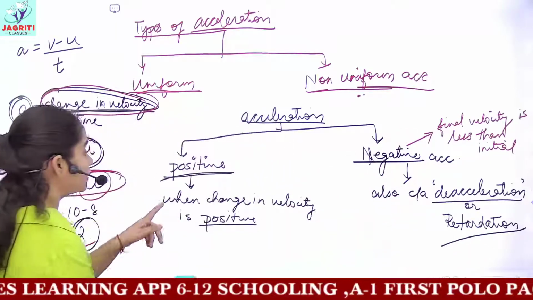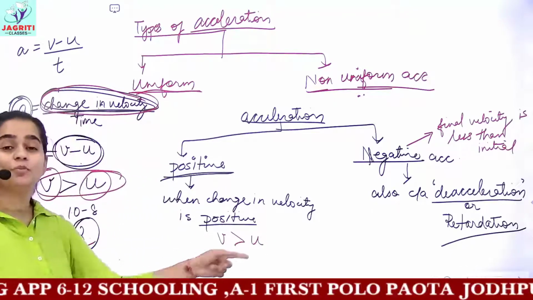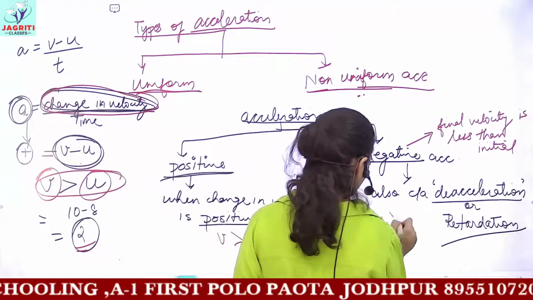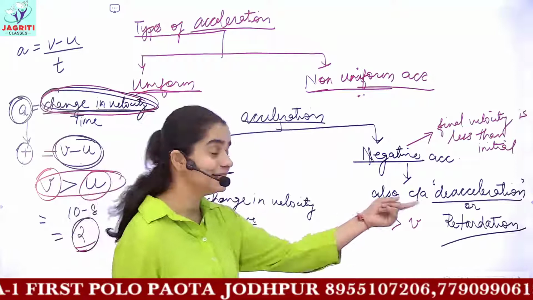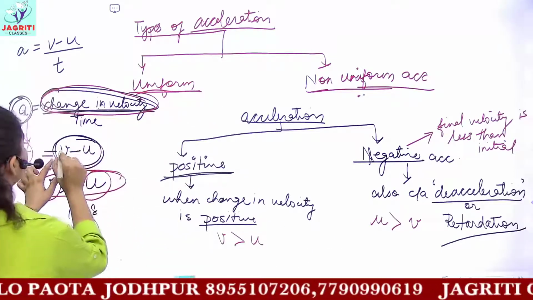Writing in equation form, for positive acceleration v should be greater than u. But for negative acceleration, u would be greater than v, if your initial velocity is greater than the final velocity. Let's see again in v minus u.